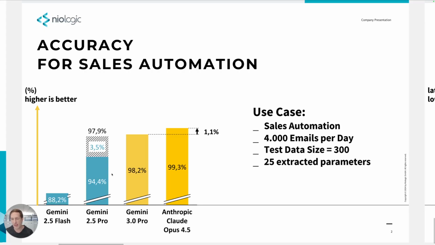And there we derived in summer 97.9% or roughly 98% for 2.5 Pro. So now I put this into the background.